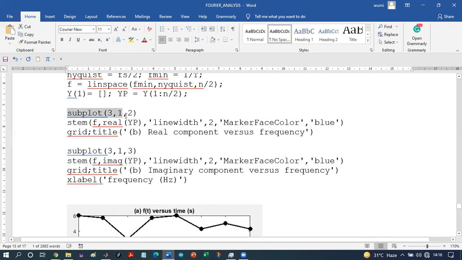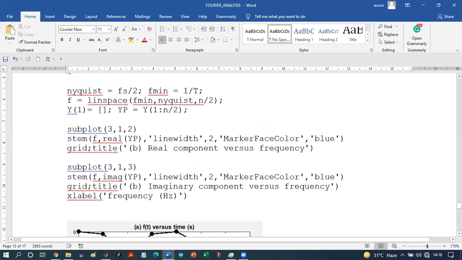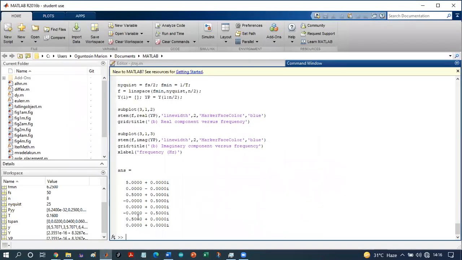Is it this subplot? No, it's not compulsory. This semicolon is just to tell MATLAB that you should not print the results of that expression on the screen. If you decide not to put the semicolon, it's still correct.